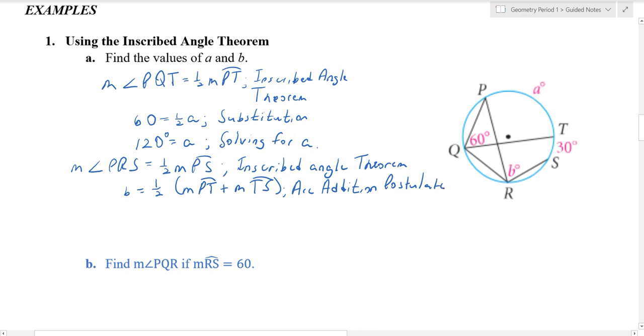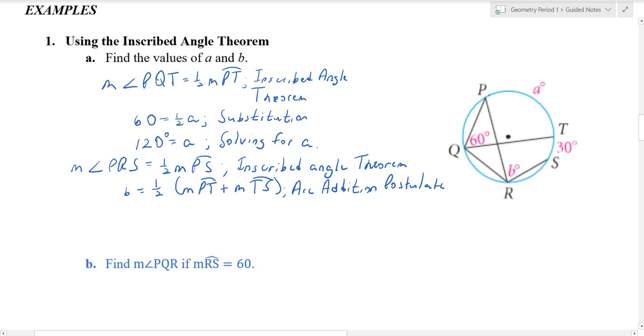The arc addition postulate just says that if I have an arc that contains two or more arcs, the sum of those arcs gives me the total of the bigger arc.